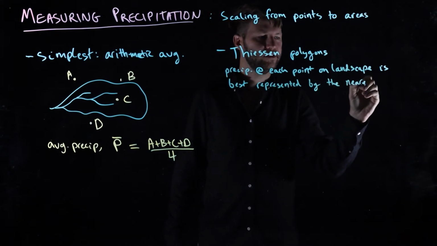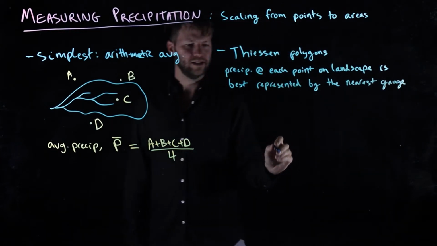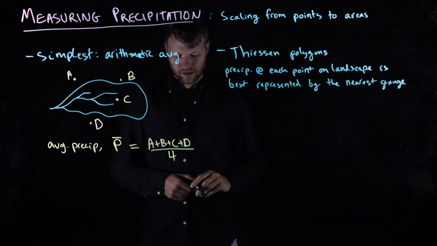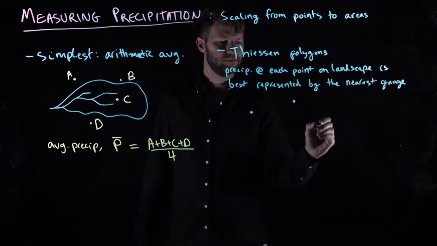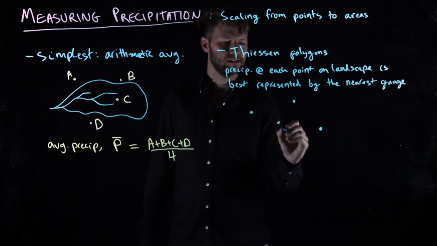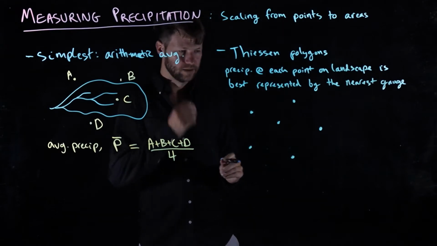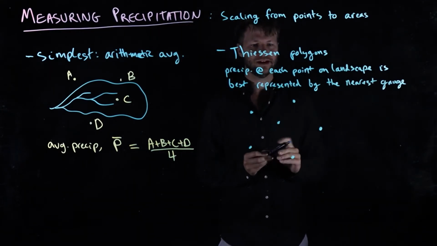And so we need to figure out a way to determine what is the nearest gauge at any particular location on the landscape. So let's consider that we have some gauges that are spread out across the landscape. And Thiessen figured out how to do this graphically, and there's a recipe for doing this.